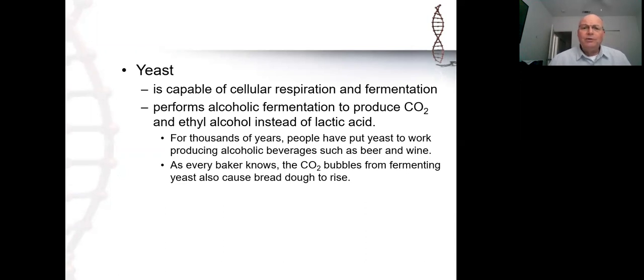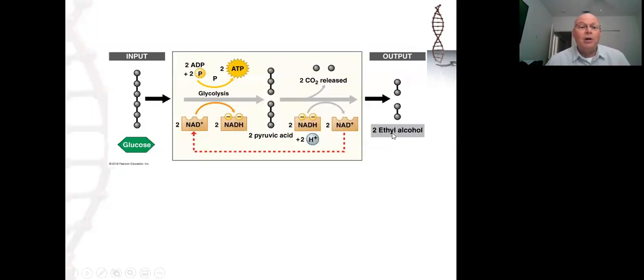So what does alcoholic fermentation look like? Again, it looks very similar to what goes on in aerobic respiration initially. So glycolysis takes place, you get the pyruvate. You even get the removal of the carbon dioxide to get acetyl groups.